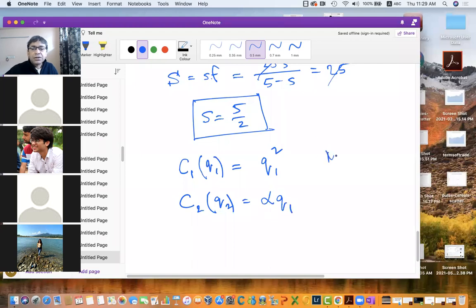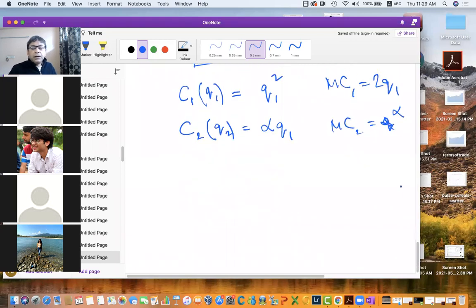So marginal cost here is increasing, 2Q1, and marginal cost here is constant, just alpha. Now here, what will be the allocation of production and what will be the combined cost function?